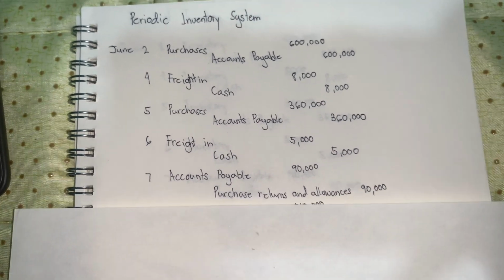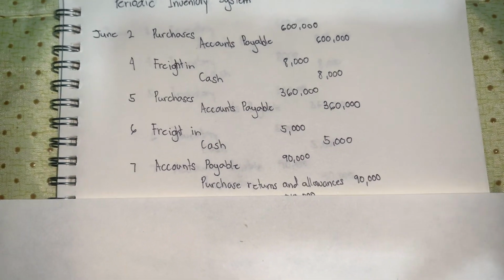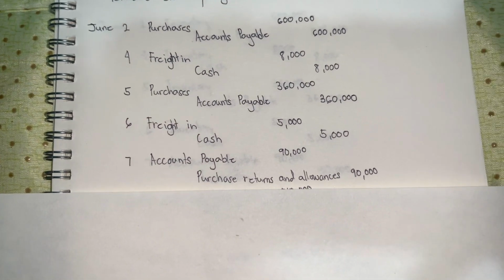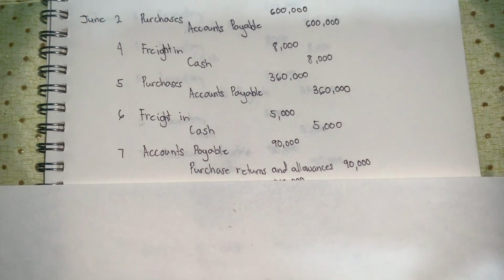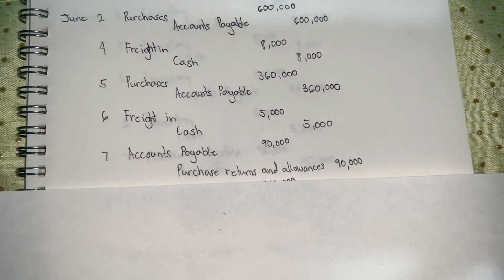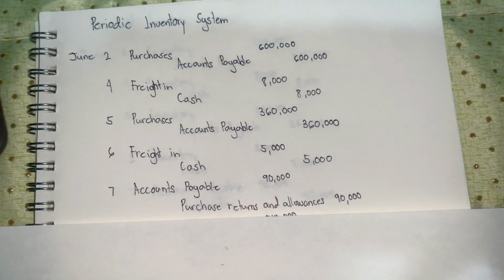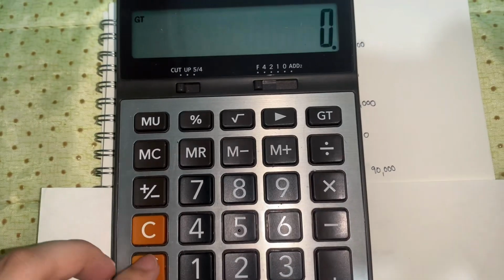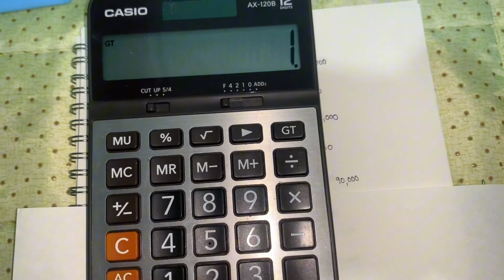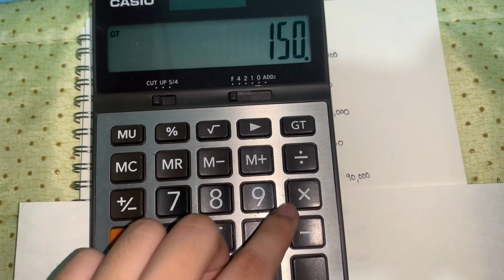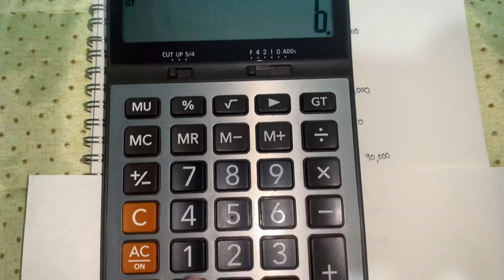Why do we use that account? It's because the return is recorded on that account. It is a contra purchases account used to reduce total purchases later. So we come up with the 90,000 because we multiply the returned tires, which is 150, by the cost of each tire, which is 600. So that's why we come up with 90,000.